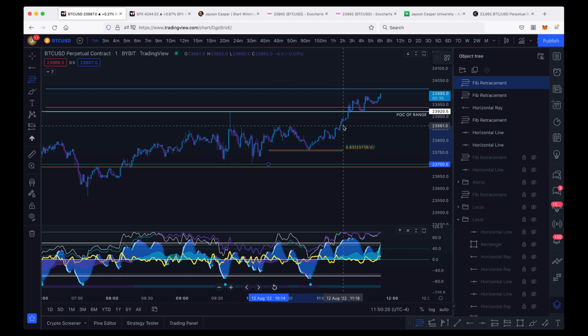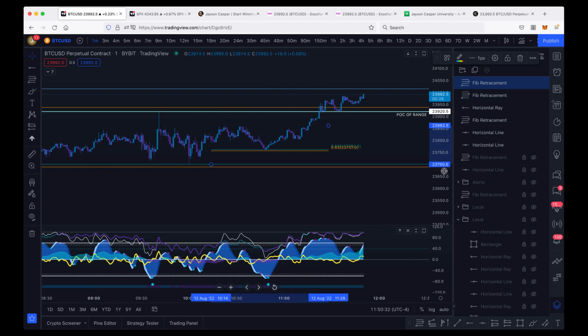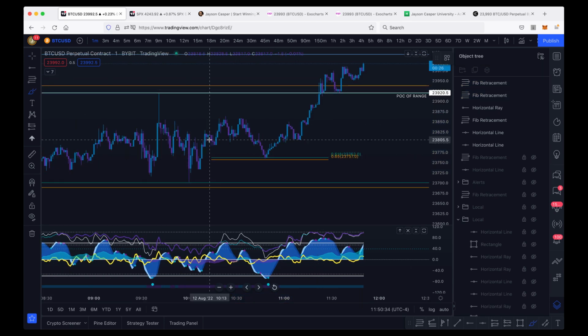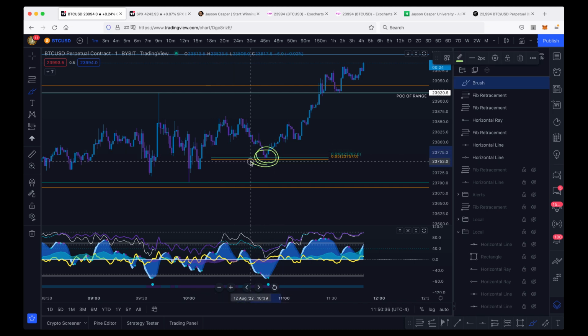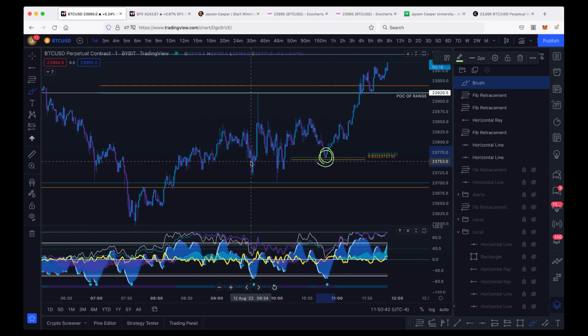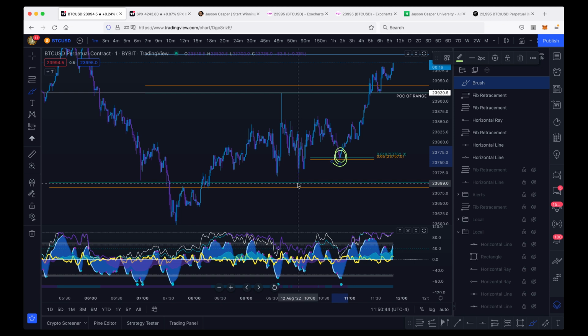Now, look at this, okay? As we came from this low to our first high, we come and we bounce off the Fibonacci golden pocket retracement, pretty much to the exact dollar, okay? This is now giving us triple confluence because we came down and bounced off golden pocket number 1.